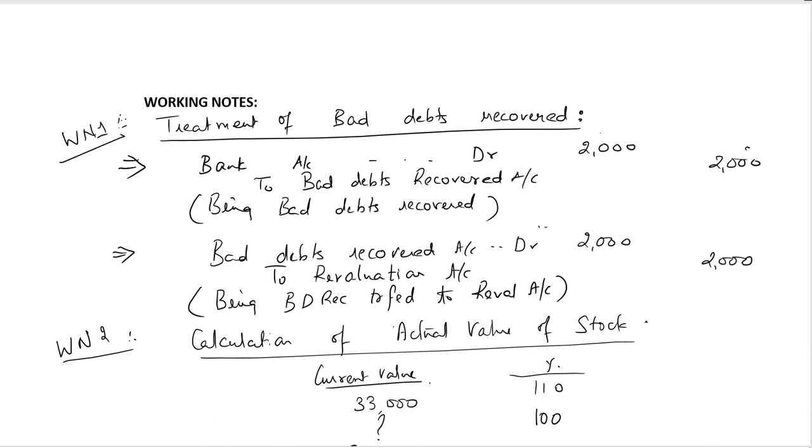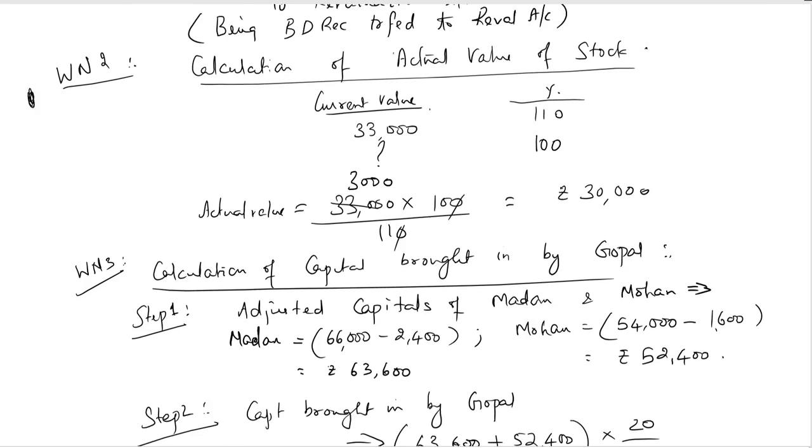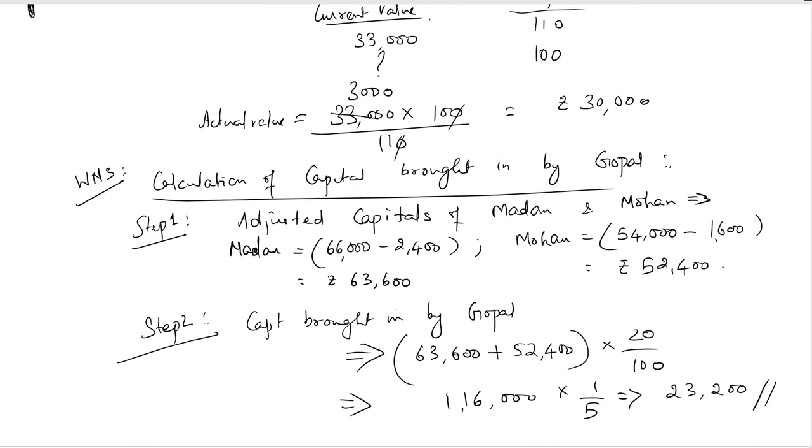The first working note was for the treatment of bad debts recovered. The second working note was for calculation of actual value of stock. And the final working note was to calculate the capital which is brought in by the incoming partner Gopal.